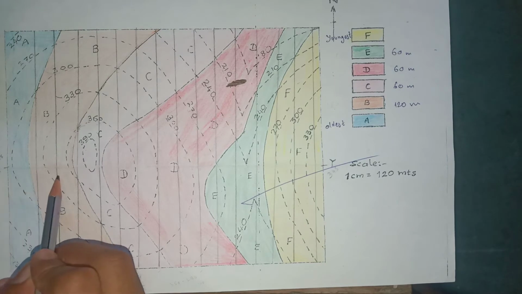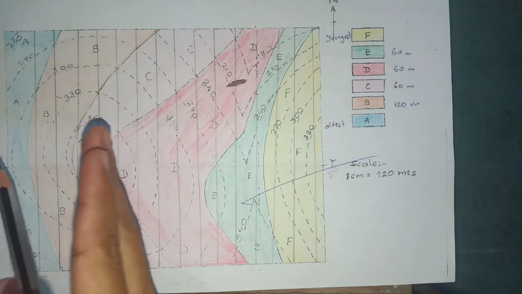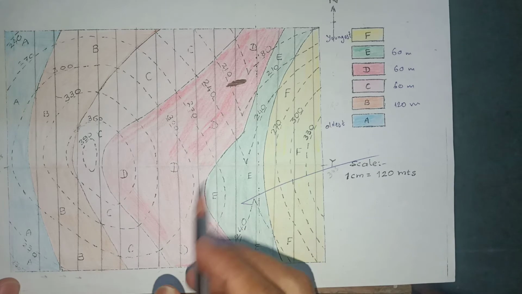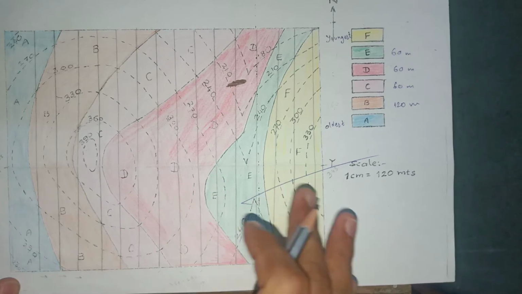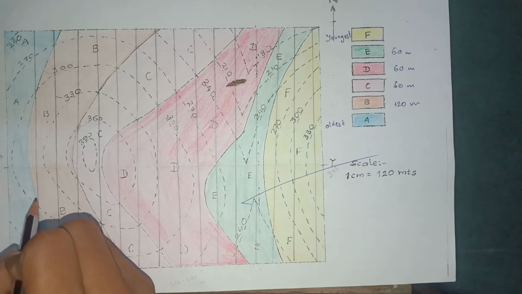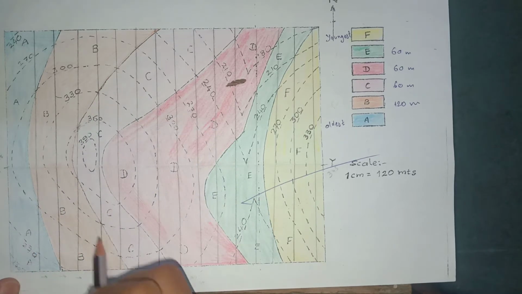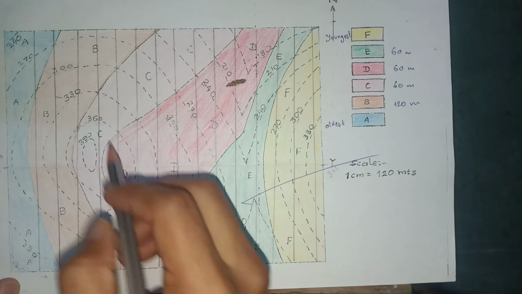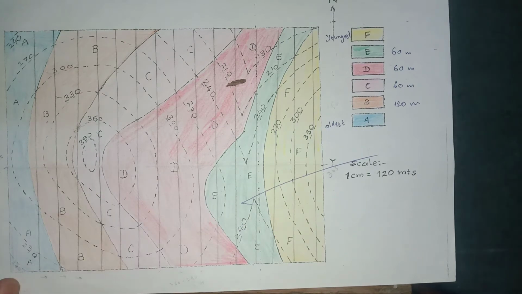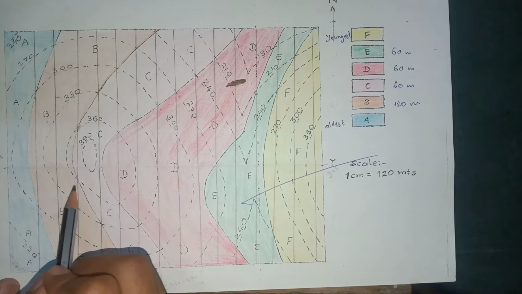Simultaneously we will draw straight lines wherever we can. Now we have taken this. Suppose we have to draw a straight line for this continuous bed. We have to take minimum 2 points of the same contour value that are intersecting this continuous line.